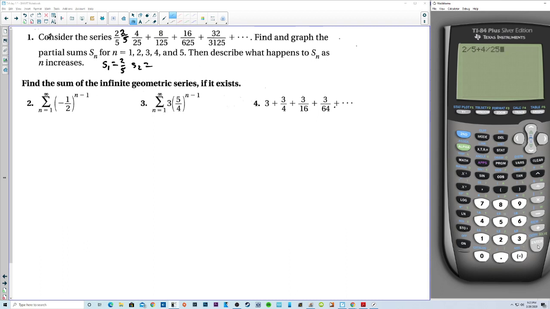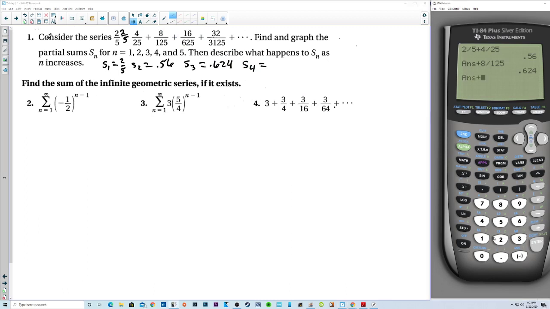This takes a while to do. So 0.56 is S sub 3, plus 8 over 125. And so we're adding a little bit more. So 0.624 is S sub 4. We added the 8.